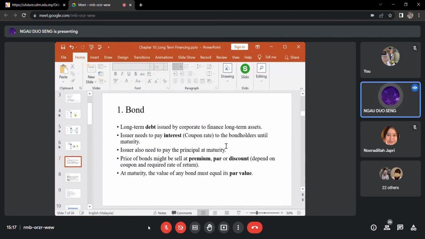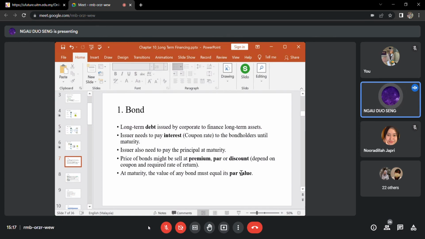Okay, so you can see here, at maturity, the value of any bond must equal to par value. Selalu par value adalah bersamaan dengan 1,000. Par value, right? So you have to remember, ini you kena ingat lah. Par value adalah 1,000. Kalau dia cakap draw at premium, maksud dia draw melebihi 1,000. Kita panggil dia sell at premium.